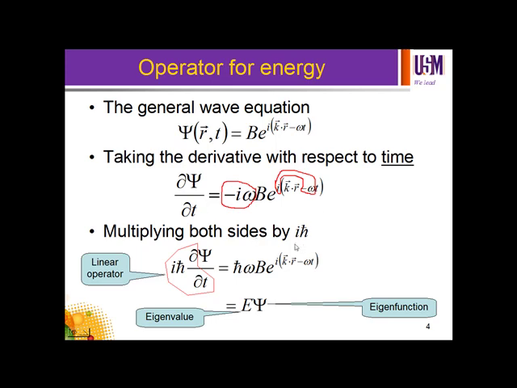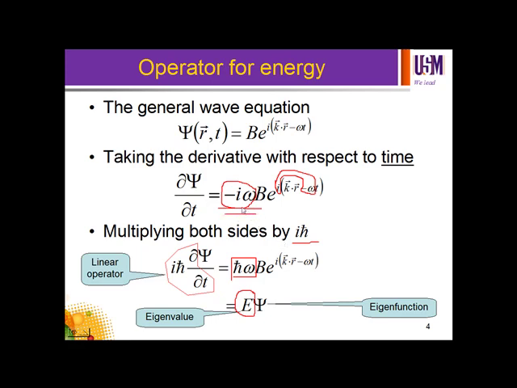Multiplying both sides by i h bar. Why do we need to multiply by i h bar? Because finally we want to get the term E here. In the previous segment, we defined E as h bar omega. But now we have negative i omega here.